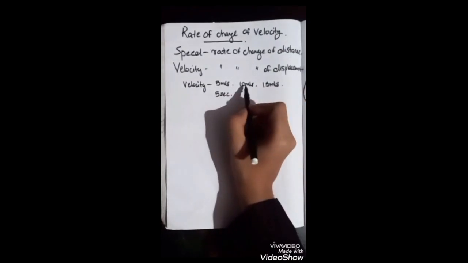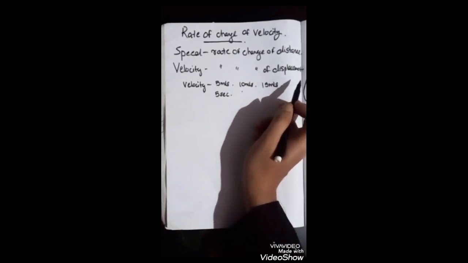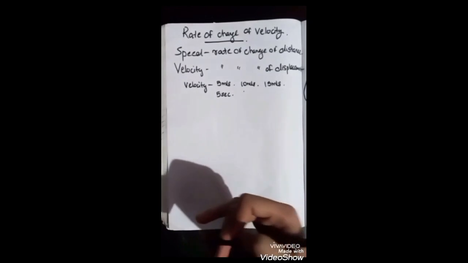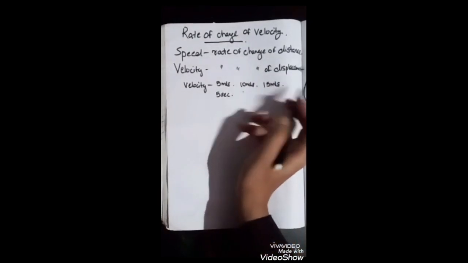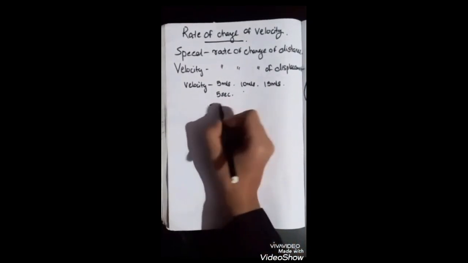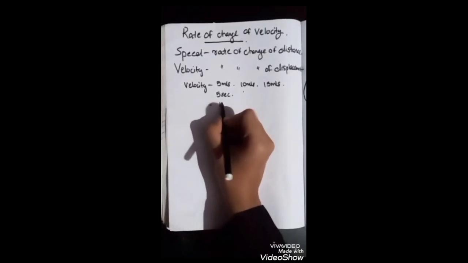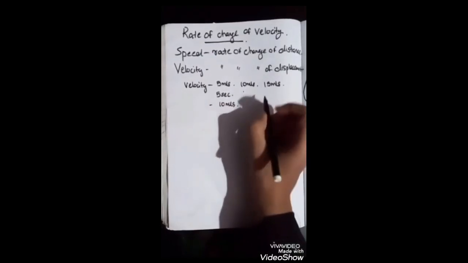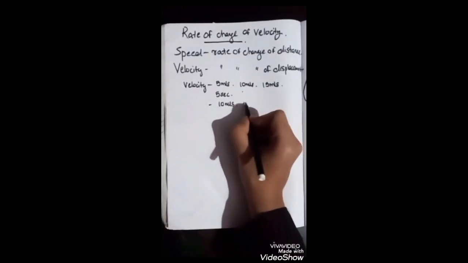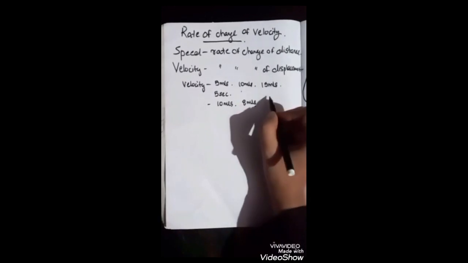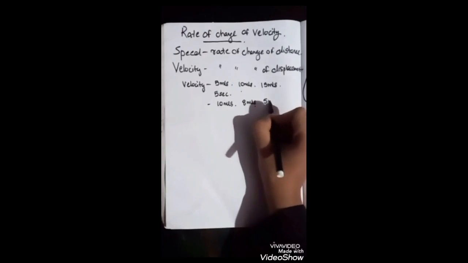Here the velocity changes as the time passes, and at the same time the velocity can decrease. Here the velocity increases. Or at 5 seconds the velocity can be 10 meter per second, the next 5 seconds it may become 8 meter per second, and in the next 5 seconds the velocity can become 5 meter per second.